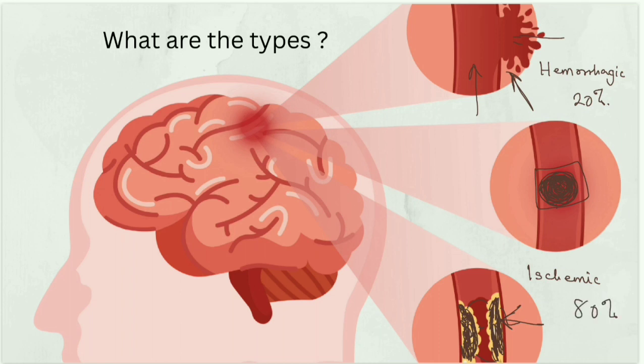Now, there is this one which they call the transient ischemic attack. The word transient means that the symptoms are short-lived. They resolve spontaneously.